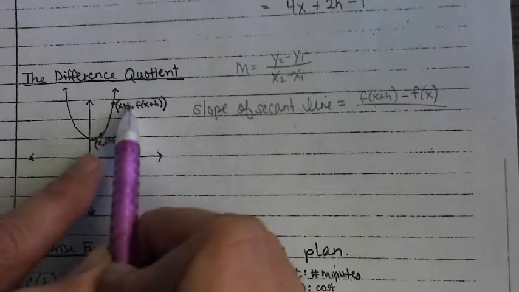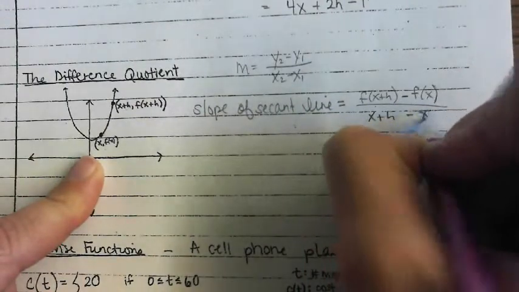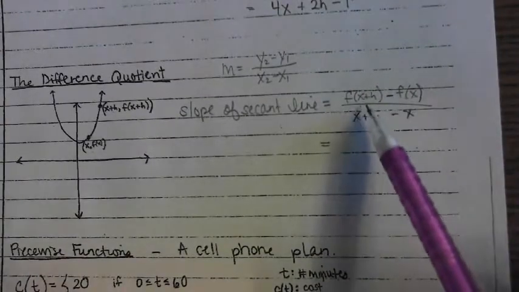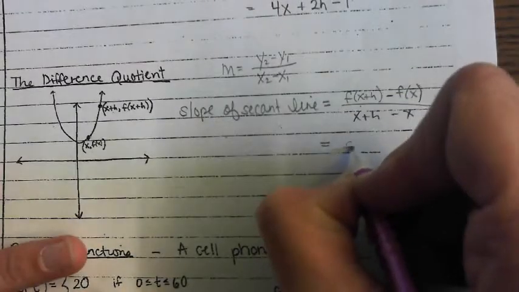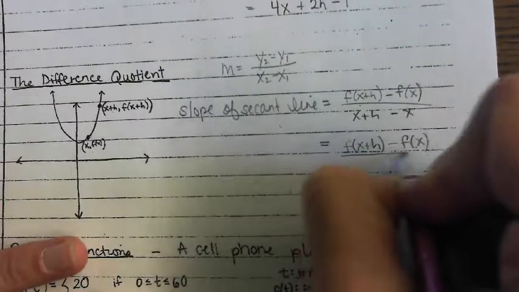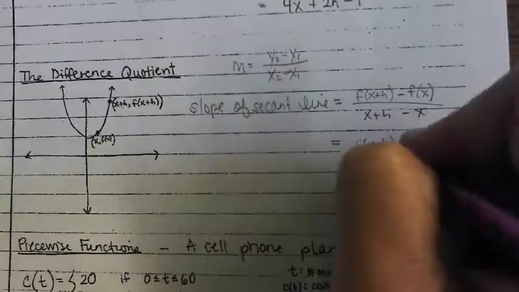So x plus h minus x. And so when we simplify that, we don't have a function to plug into, so I'm just going to leave the numerator f of x plus h minus f of x. But on the denominator, x plus h minus x is just h, right? And there's your difference quotient.